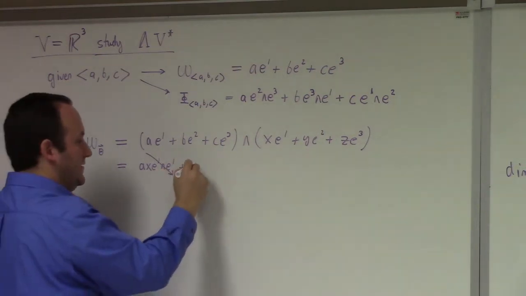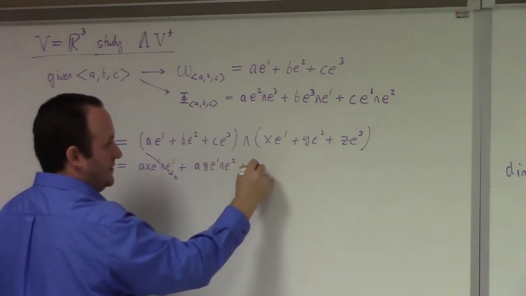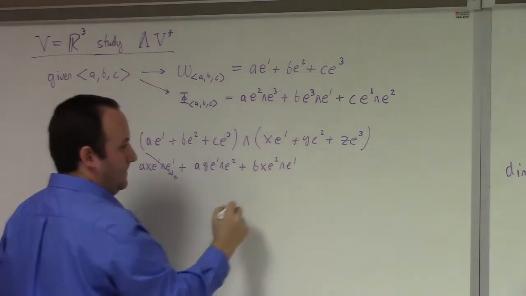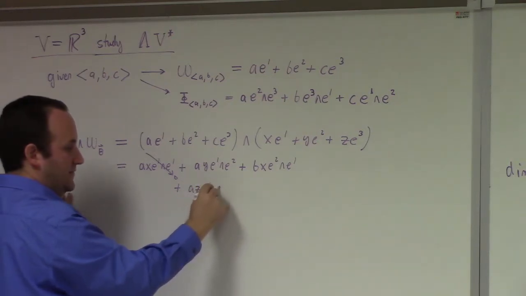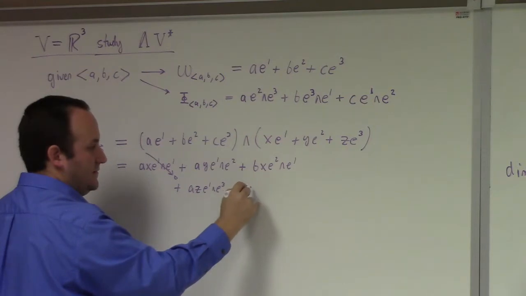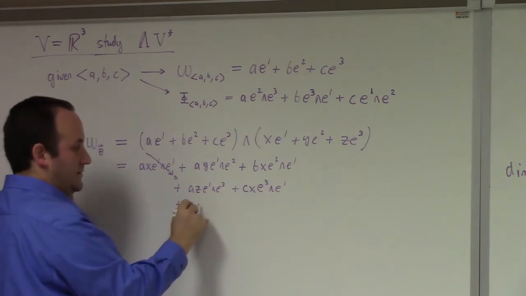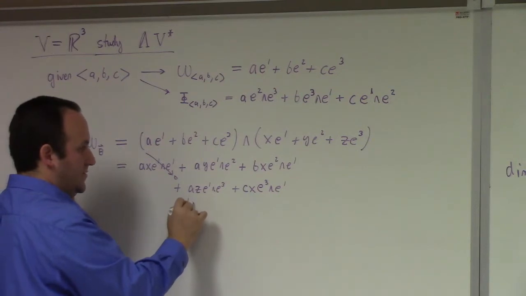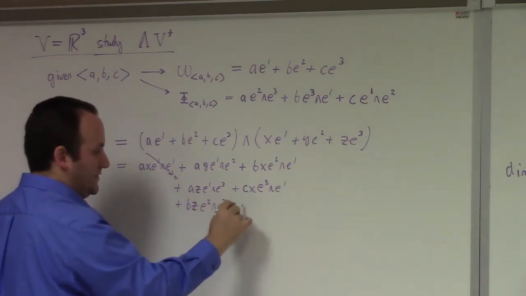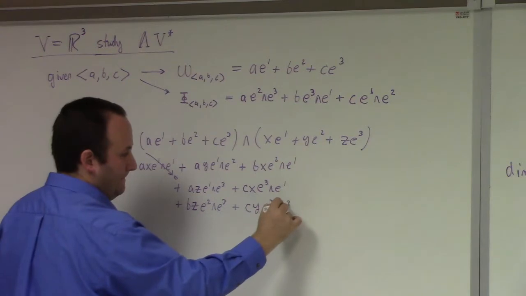We should just collect together. We got AY E1 wedge E2, plus BX E2 wedge E1, plus AZ E1 wedge E3, plus CX E3 wedge E1, plus BZ E2 wedge E3, plus CY E3 wedge E2.